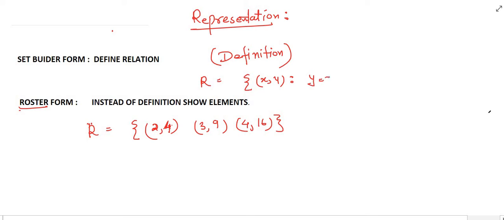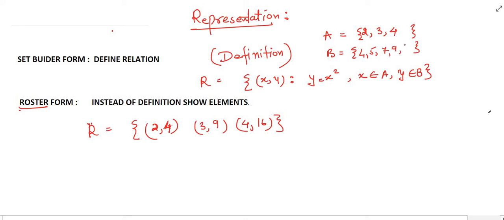So I can say where y is nothing but x squared, meaning the second element is the square of the first element, and I can also say x is taken from A and y is taken from B. Along with this I must know what elements are present in A and in B. For example, set A has numbers say 2, 3 and 4 only, and B has maybe 4, 5, 7, 9 and 16.